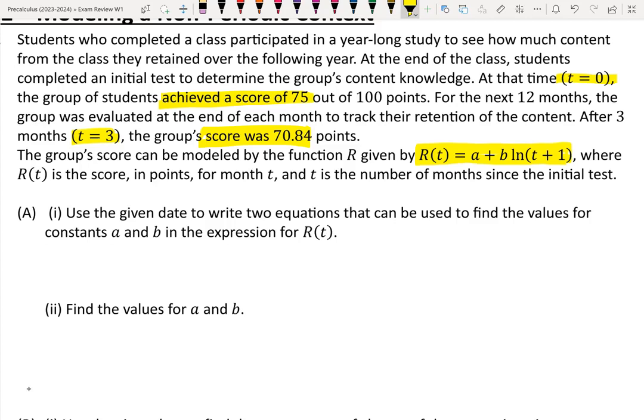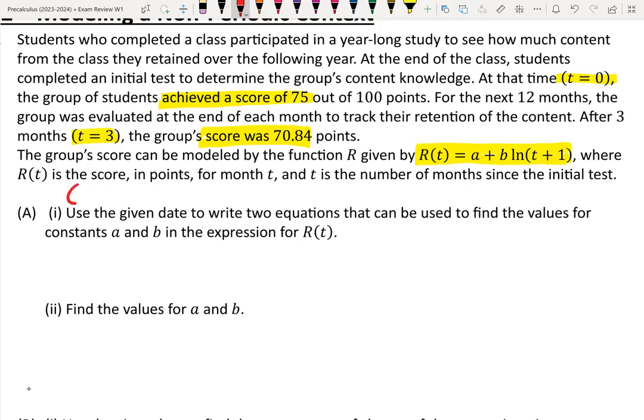It says use the given data to write two equations that can be used to find the values of a and b. Now, even if you don't know how to find a and b, you should be able to write these equations. What I would recommend is we write down the information that we have.